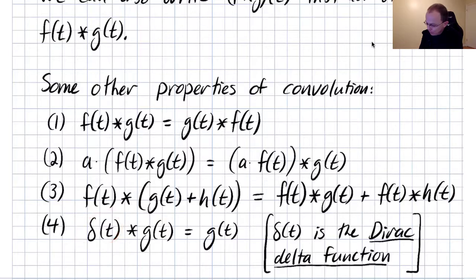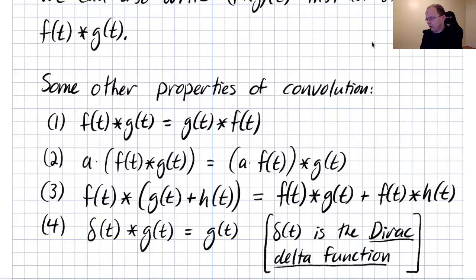Instead, what we need is a special function called the Dirac delta function, which we won't go into too much detail on right now, but it's used a lot in physics and engineering. In some respects, it's not actually a function; it's more of an operator that gets used inside of an integral.